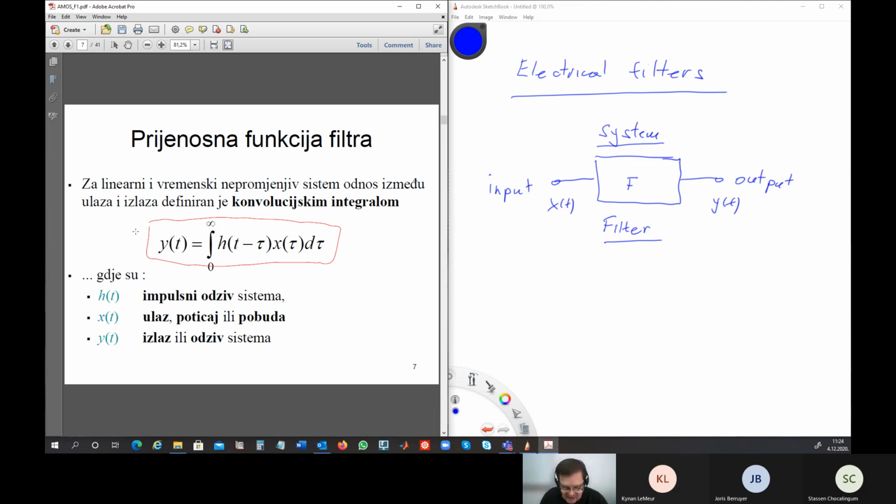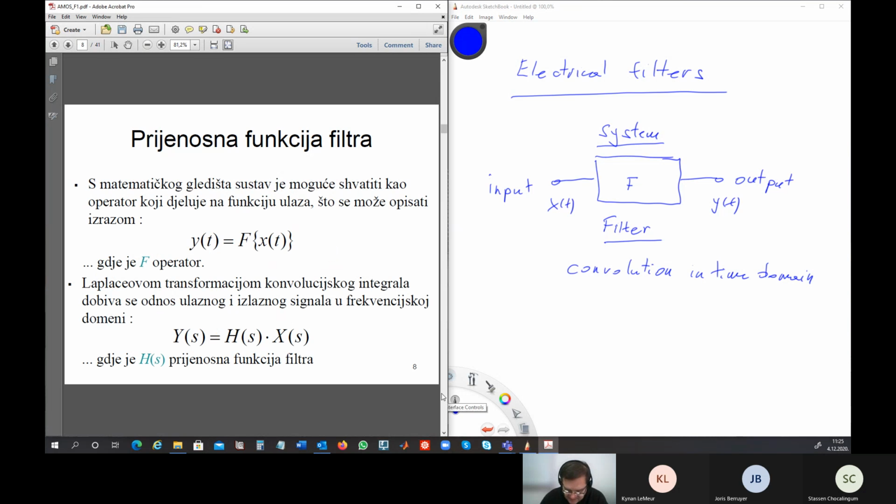Don't look at the text, but look at the equations which I show. This is called convolution. Convolution gives the relation between input and output in the time domain. In the frequency domain it is multiplication.